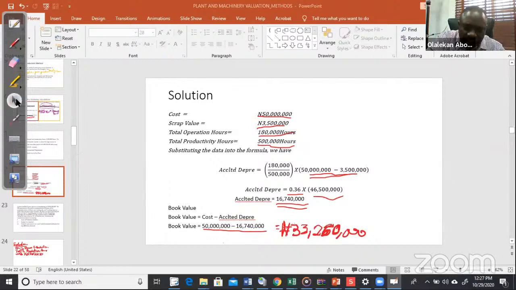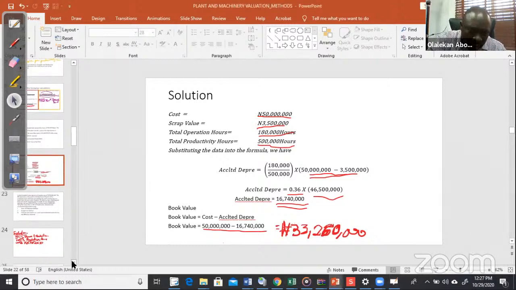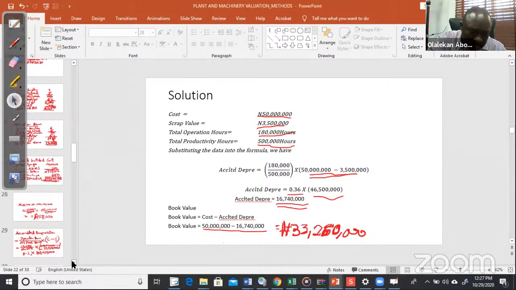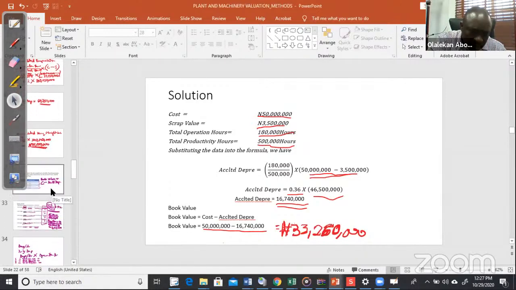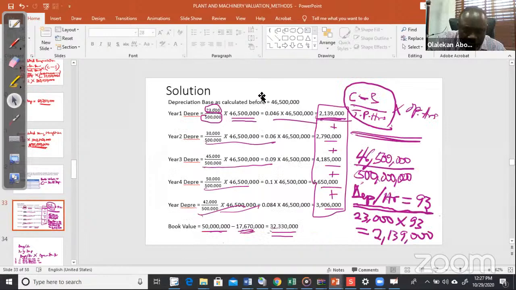And since it is a subsequent question, you don't need to start calculating that again. That's why we said as calculated above or before. I will show you that now. I think we did that. Okay, here, you see, we said depreciation base as calculated before.